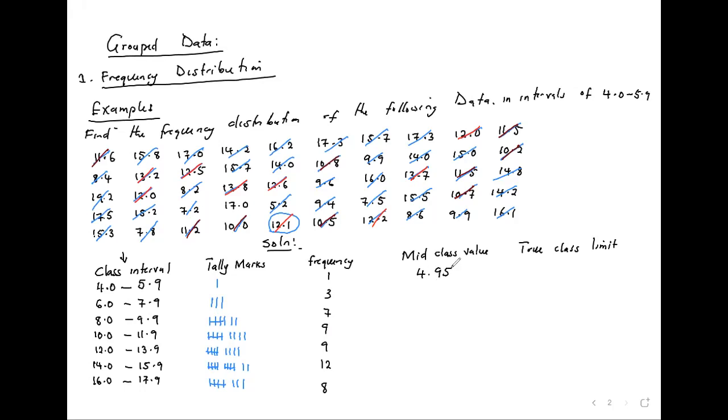Then the next one, 7.9 plus 6, divide by 2, 6.95. So you have 7.95, 8.95, 9.95, 10.95, 11.95. Confirm: 17.9 plus 16 divided by 2.